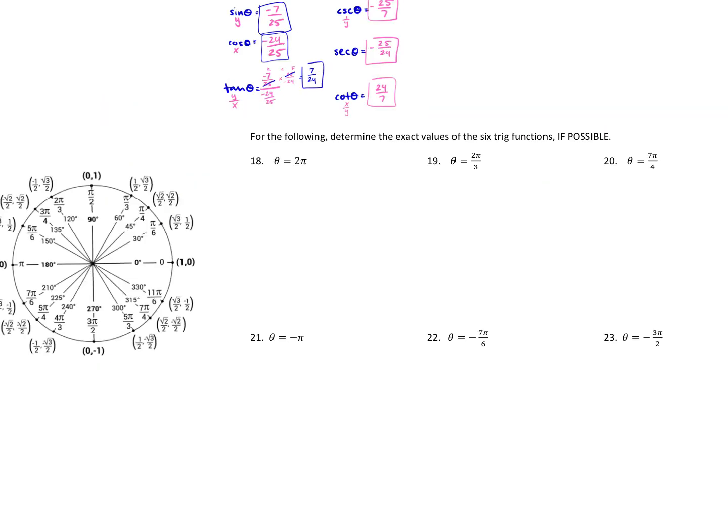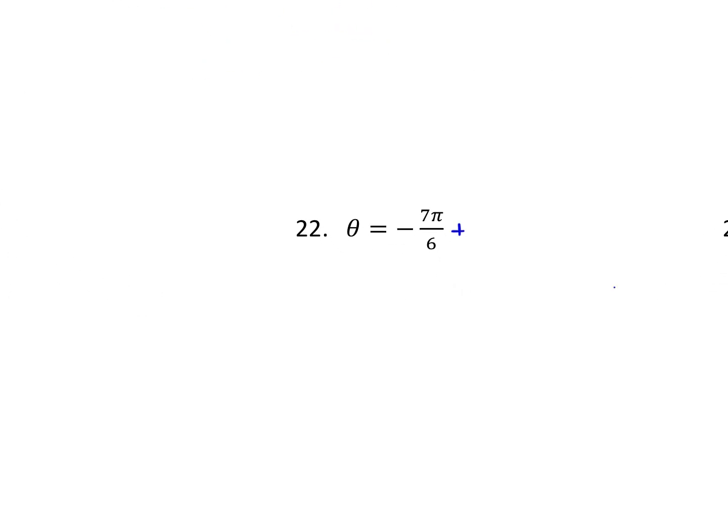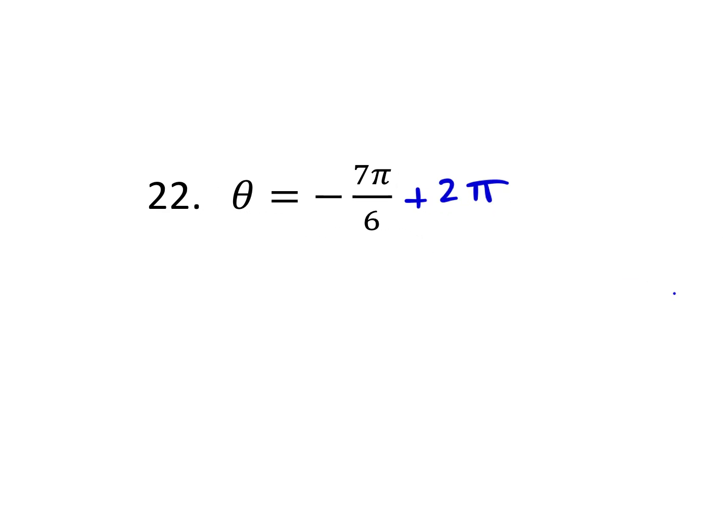All right, let's do 22. So we have negative 7 pi over 6. A negative angle is not on our unit circle. How could we find the equivalent to this on the unit circle? Awesome. We can find a coterminal angle just by adding 2 pi. So we want to find the positive version of it. It ends in the same spot because it's coterminal, but it's just going to be the positive angle.